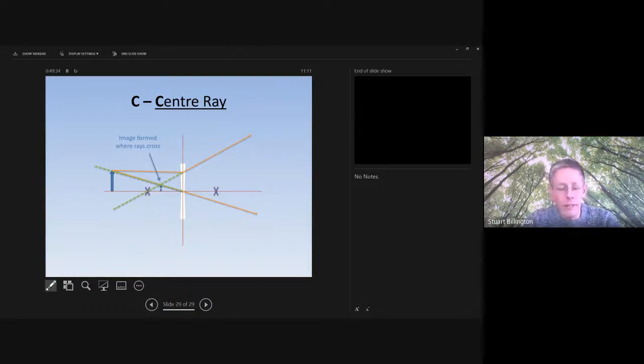I've given you two different diagrams, one either side of the focal point. And this is just to emphasize that the behavior for a diverging lens is the same. No matter where you put the object, you will get the same result. And you can feel free to draw your second diagram in, and it should end up looking just like your first.